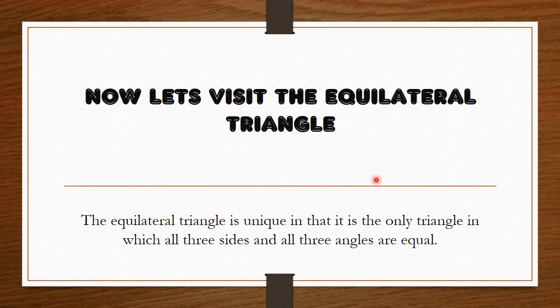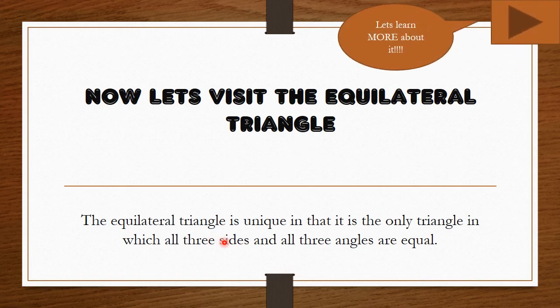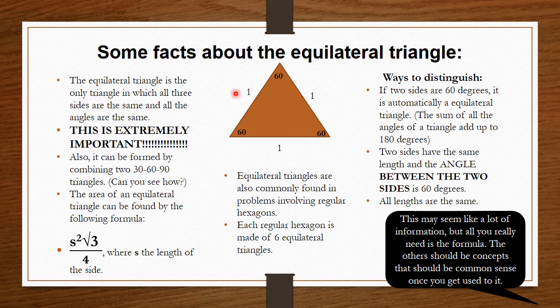So the last one is the equilateral triangle. It's unique in that it's the only triangle in which all 3 sides and all 3 angles are equal. Since all 3 angles of a triangle add up to 180, we know a single angle of this triangle must be 60.